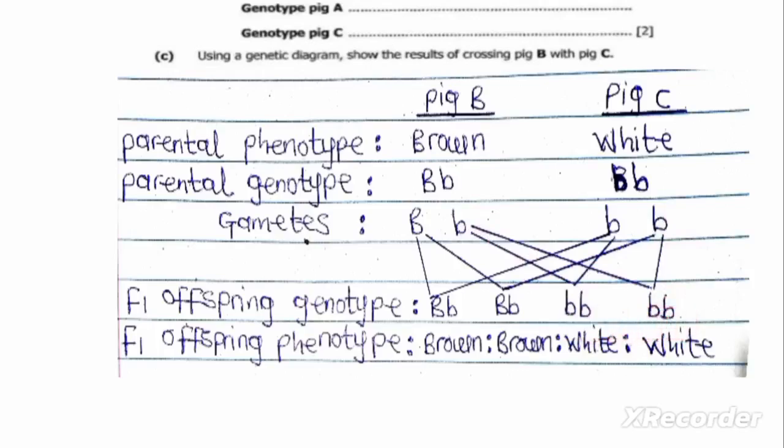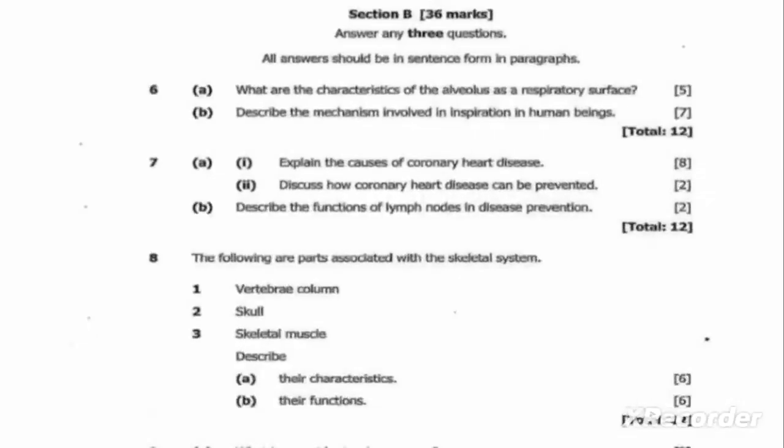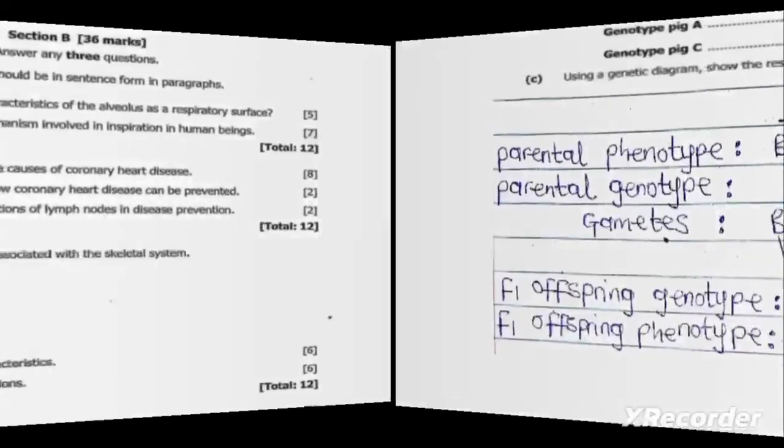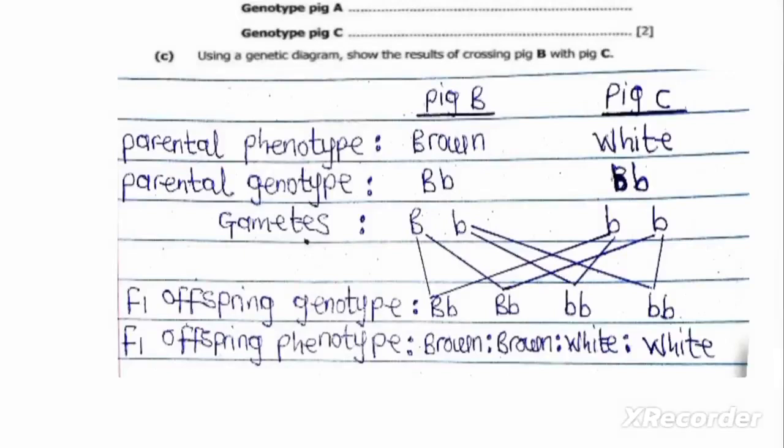So we can see that we have successfully managed to predict the genetic outcome and come up with the genetic diagram.